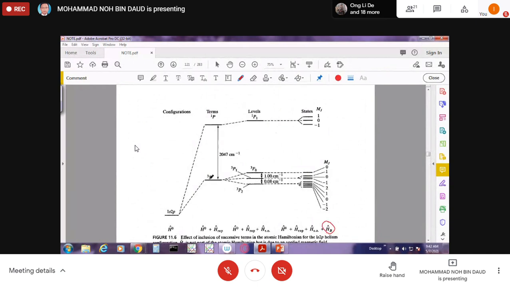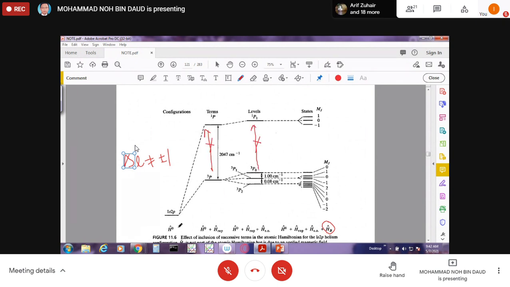Within the same state, 1s to p is not allowed, so we cannot get this plus minus 1. This is not allowed.